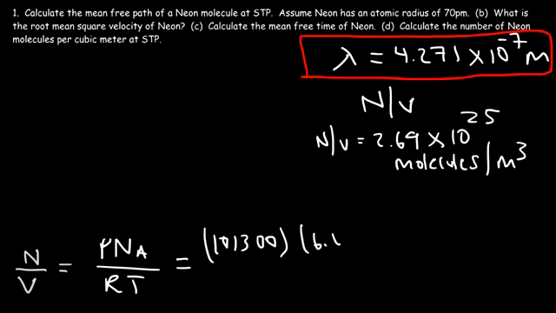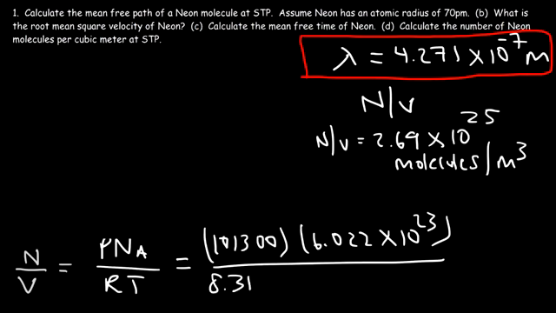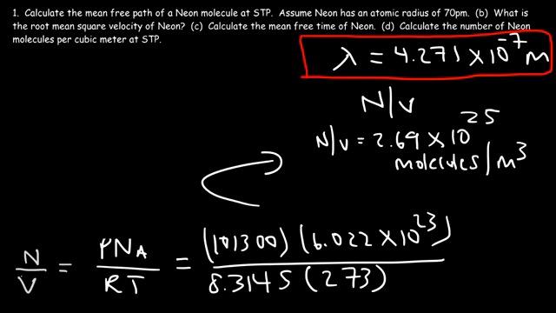Avogadro's number is 6.022 times 10 to the 23. Now R is 8.3145, and the temperature at STP is 273 Kelvin. So if we plug this in, this gives us the same answer of 2.69 times 10 to the 25 molecules per cubic meter.